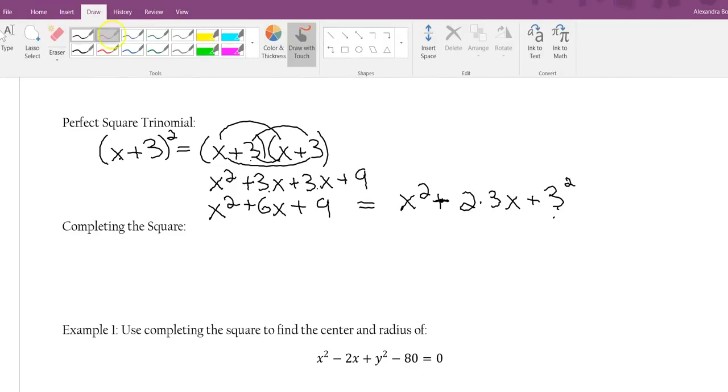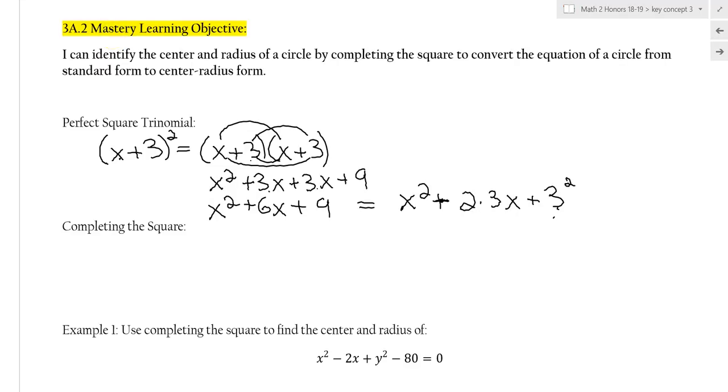You have seen completing the square before when you were solving quadratic equations, but completing the square is finding the constant. So therefore, this is our constant, or this 3 squared.